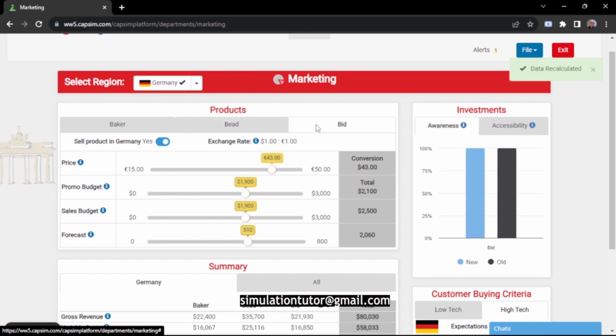Then for the bid product, I'll increase my price to 44. Then for my promo budget, I'll reduce it to 100. Then for my sales budget, I'll reduce it to 500.